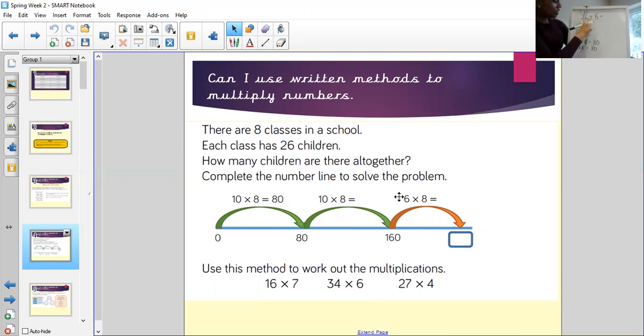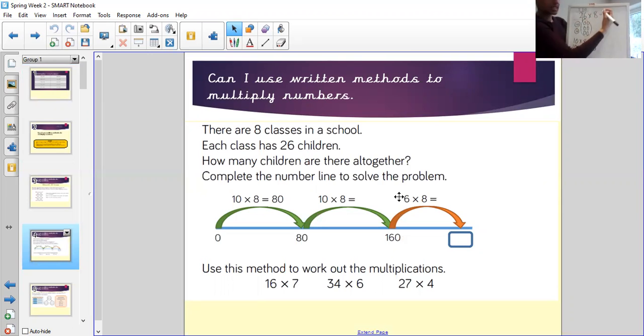Then you have to do your ones. So we've got 6 ones and we're timesing the 6 ones by 8. Sorry, back to this one. So we're doing 6 times 8.